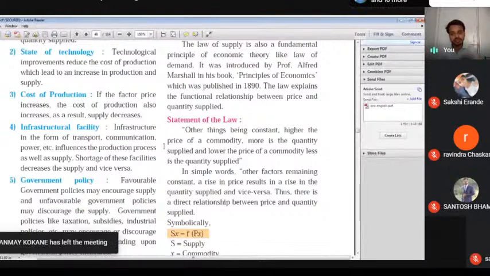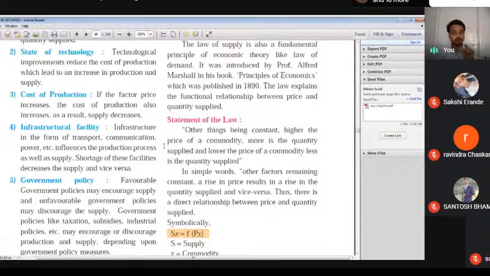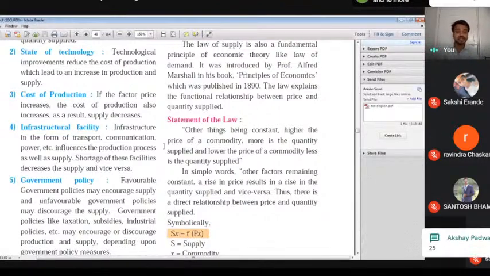These are infrastructure for that child. Infrastructure is in the form of transport, communication, power, etc. Remember, our college building, our college area, these are infrastructure. When we think about any projector, blackboard, green board, these are infrastructure. Commodity, instrument, that instrument is good for that.